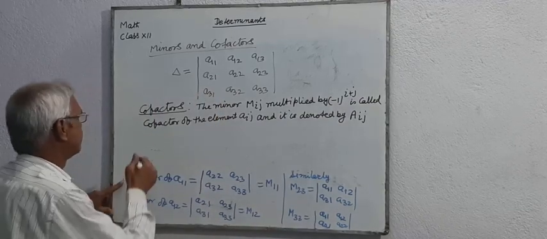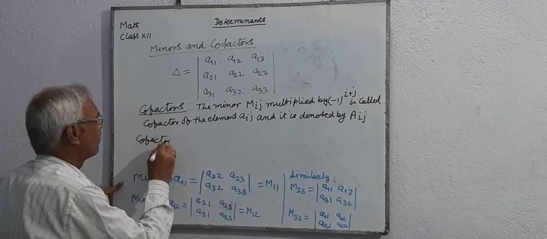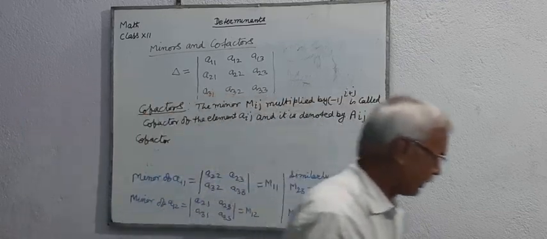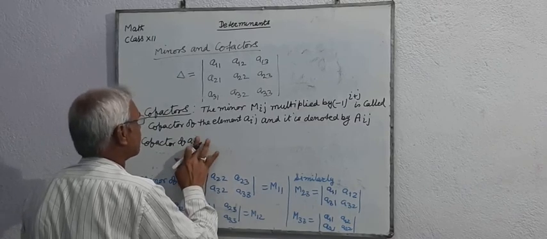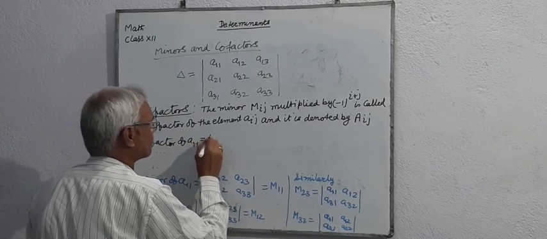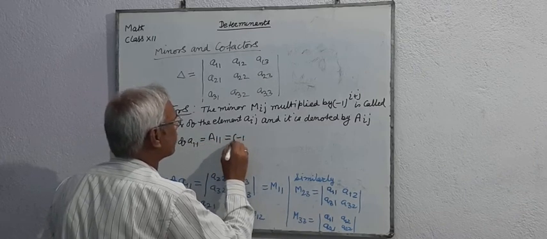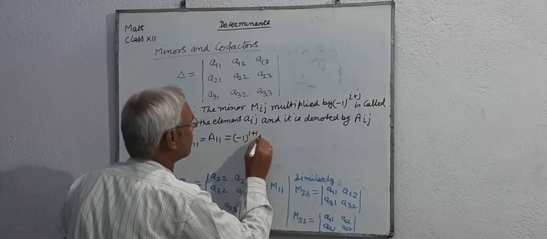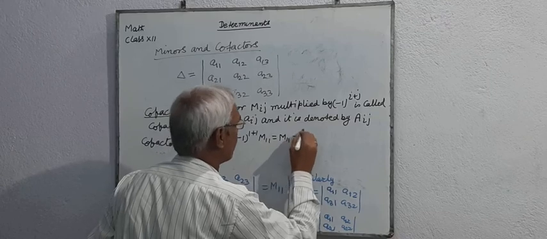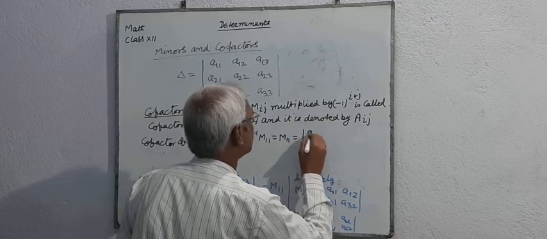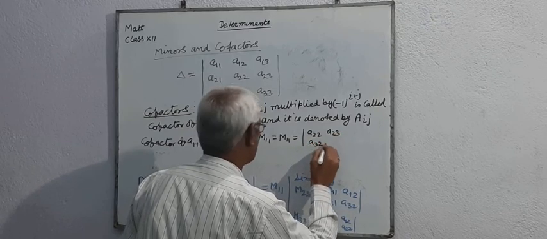For example, cofactor A11 equals minus 1 to the power 1 plus 1, M11, equals M11, that means a22, a23, a32, a33.